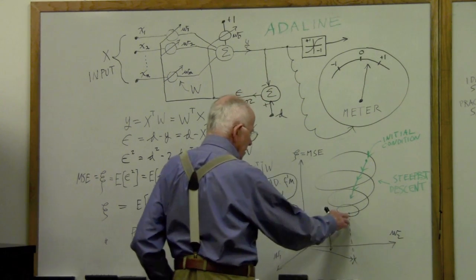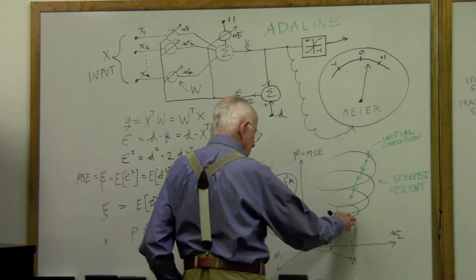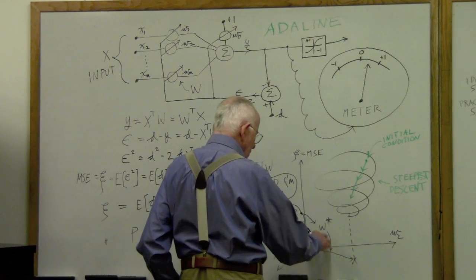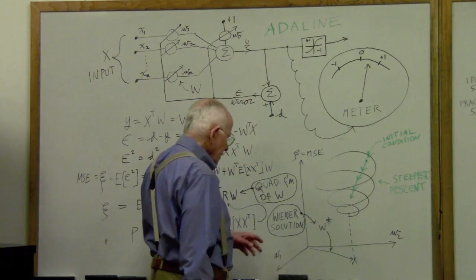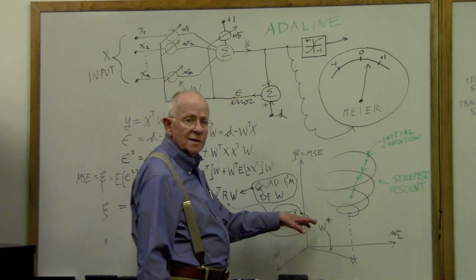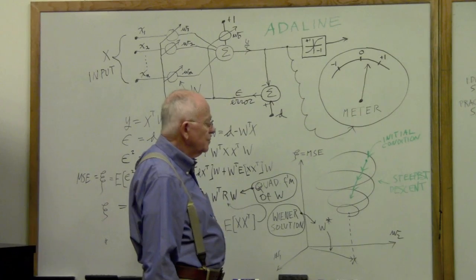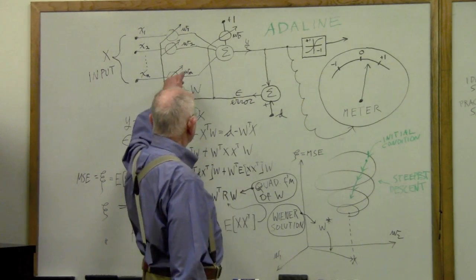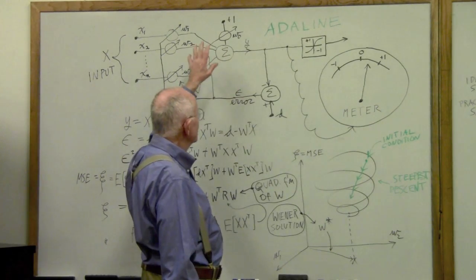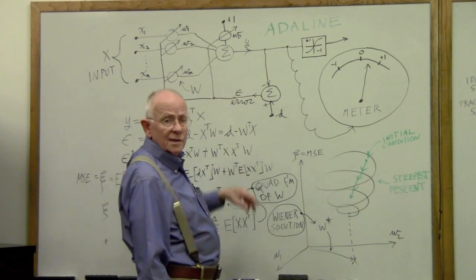At the bottom of the bowl, the set of weights that take you to the bottom of the bowl would be a vector. In this case, we call that vector W star. And another way we call it is a Wiener solution because it's the best linear least squares solution, defining the minimum mean square error, or the setting of all the coefficients or the setting of all the synapses that minimize the mean square error over the set of training patterns.